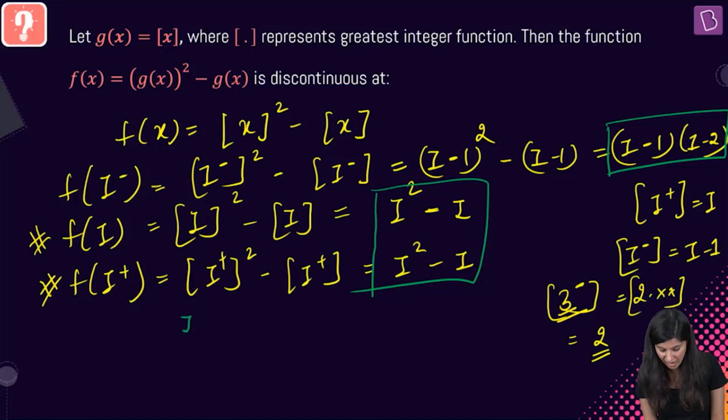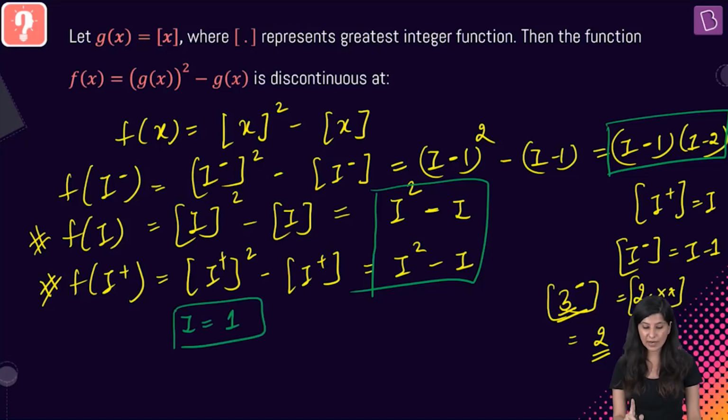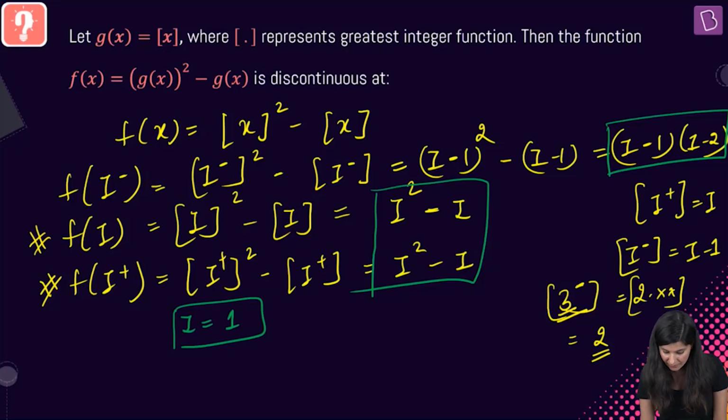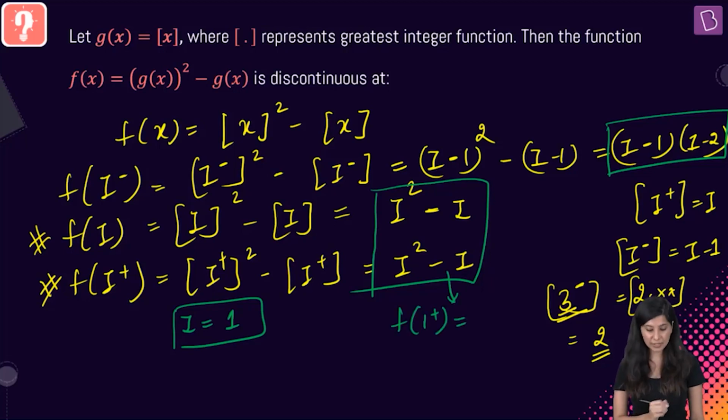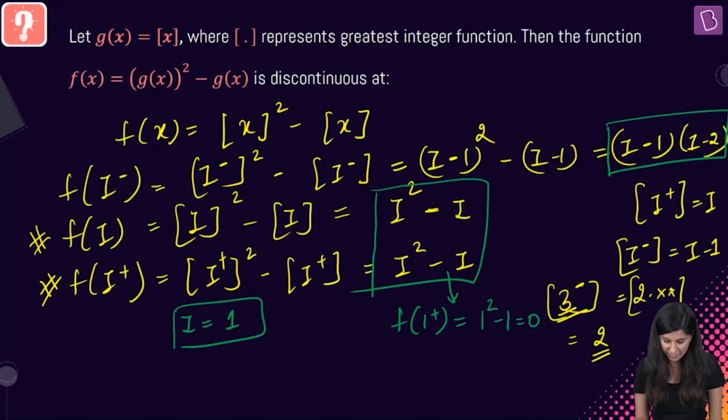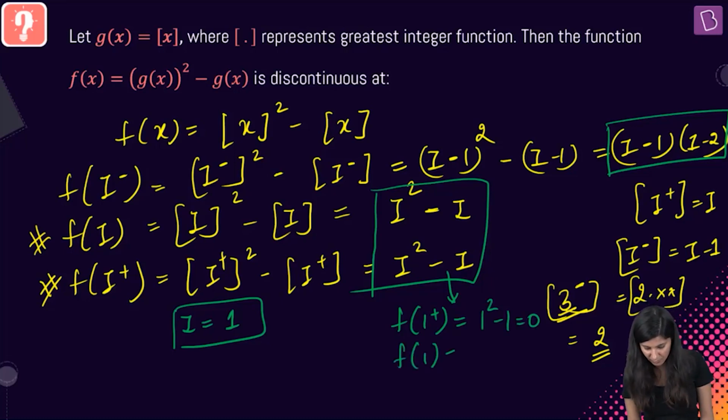See, if I is equal to 1, then what is happening? f(1 plus) would be equal to 1 square minus 1, that is equal to 0, isn't it? And again, f(1) would be exactly the same, 1 square minus 1 equals 0.